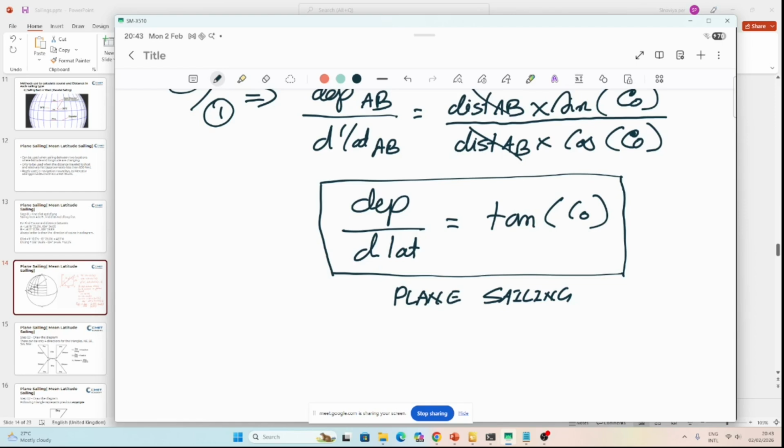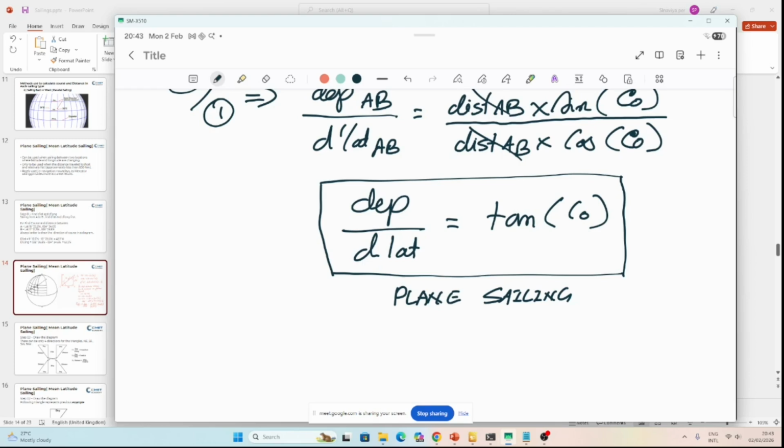But since I'm mixing the principles of navigation into practical navigation, we are doing everything combined, because there is nothing called principles of navigation and practical navigation. Everything is navigation. Okay, so this is the plane sailing formula. From this, we have to derive the other parts in the plane sailing formula.